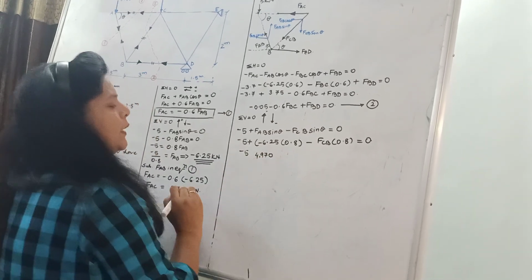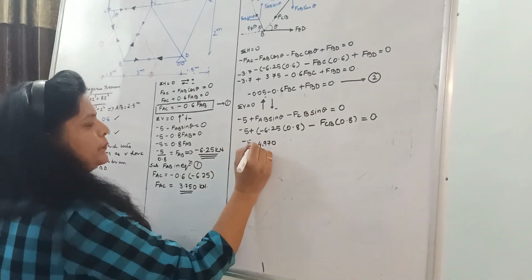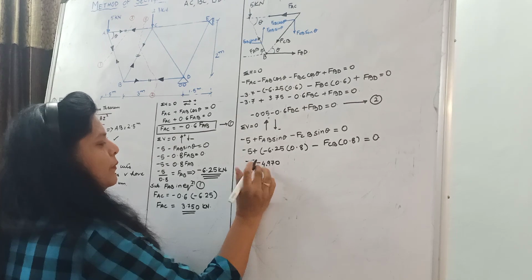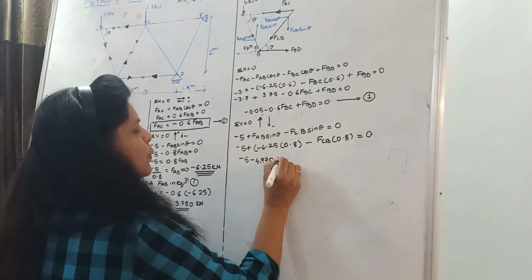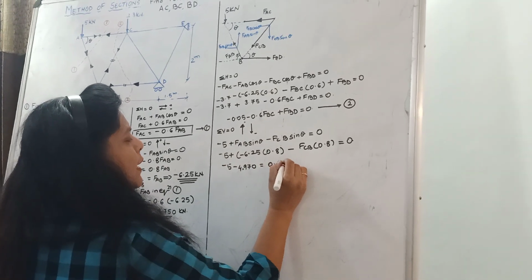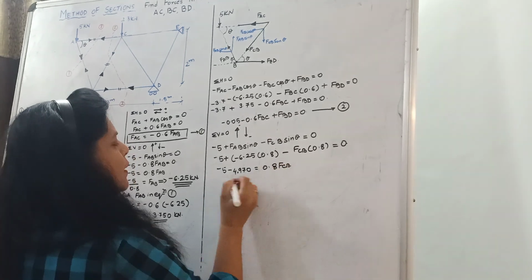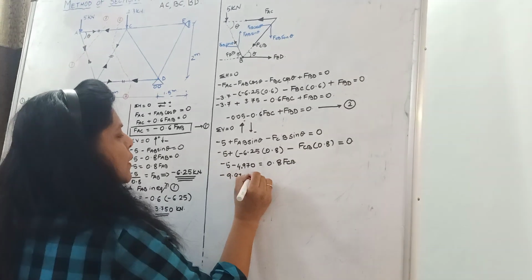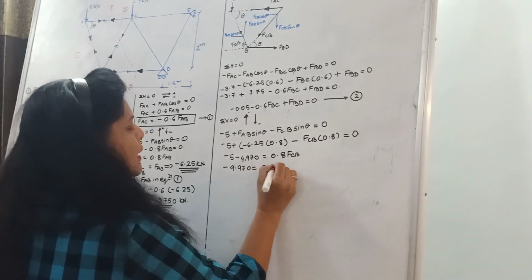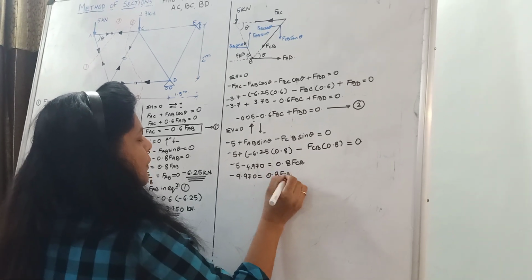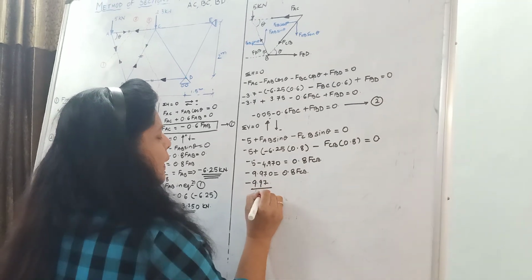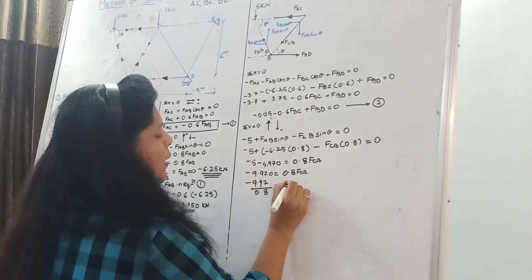Okay, so 4.970 and it will be minus is equal to 0.8 FCB. So minus 9.970 is equal to 0.8 FCB. So minus 9.97 divided by 0.8 that is equal to FCB.